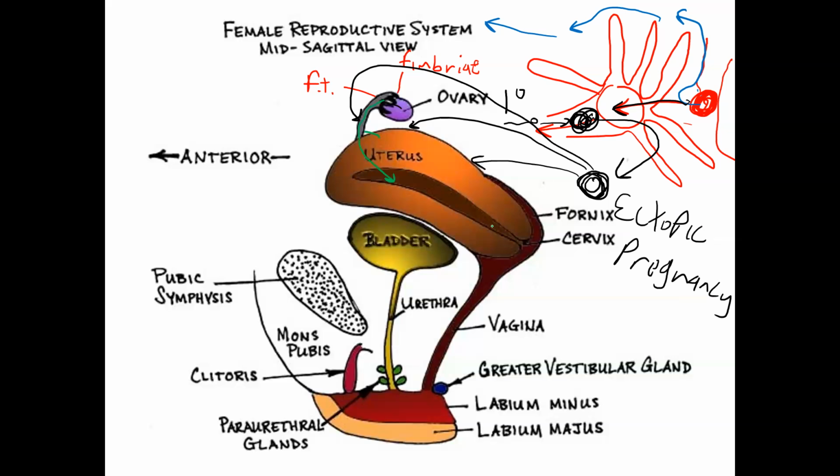Now, the end of the uterus projects into the vagina, and we call this projected part, of course, the cervix. The cervix has a little hole in it, which allows sperm to go in. It also allows menstruation to go out.